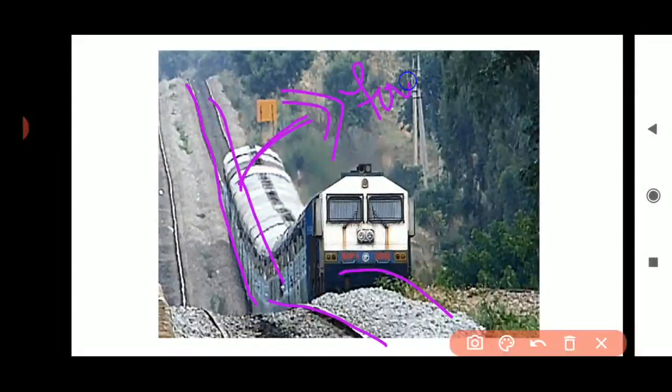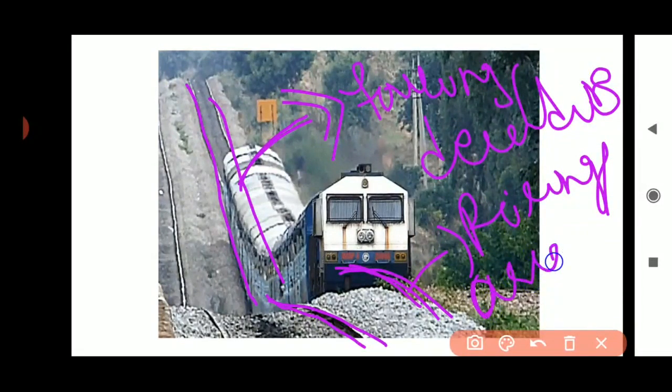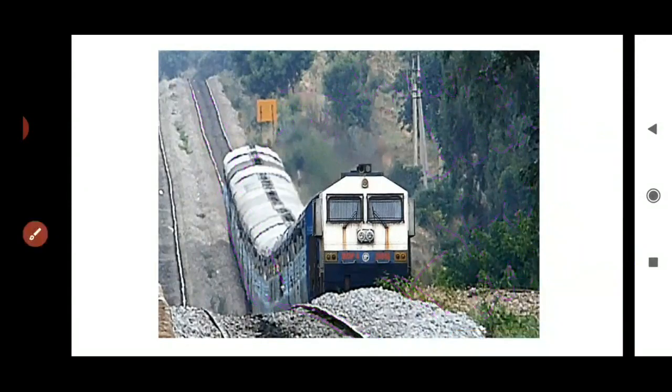This is the falling gradient, or we can say descending gradient, and this is the rising gradient, or we can say ascending gradient. The gradient is generally provided in the longitudinal direction.